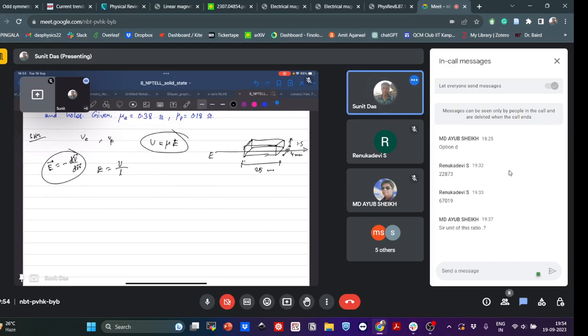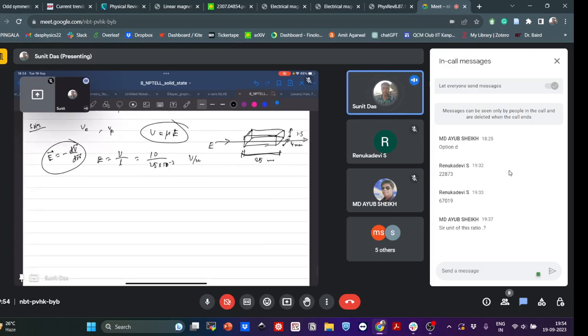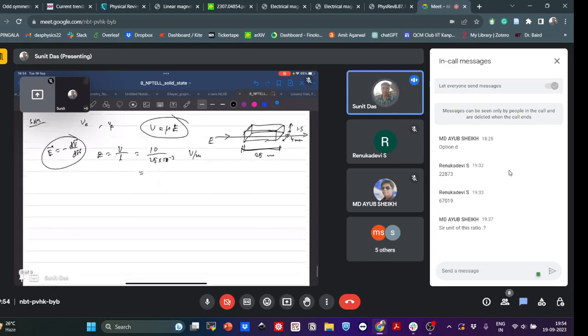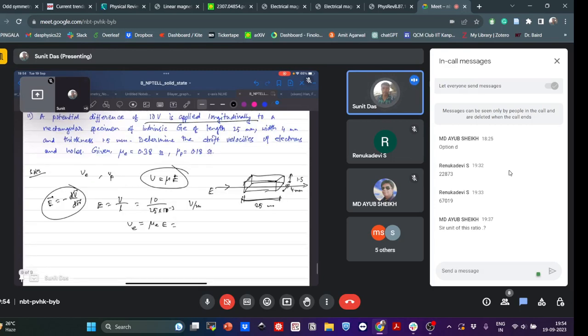In this case, this is the length because electric field is applied along the longitudinal direction. So 10 volt by 25 into 10 to the power minus 3 meter, volt per meter. So let's keep it. Then v electron will be mu electron times electric field. So mu electron is 0.38.